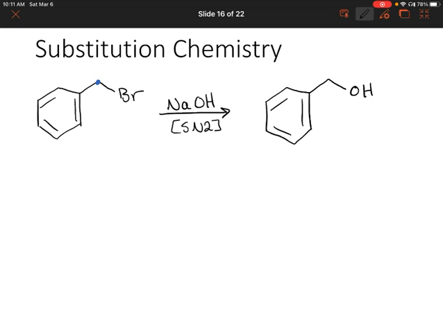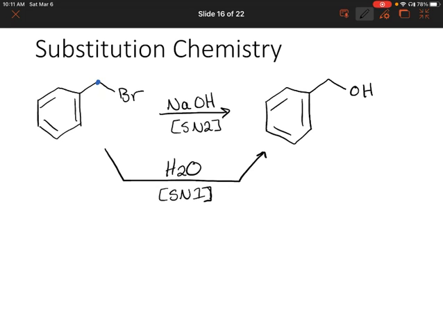Okay, what if we wanted to do an SN1 reaction? What could we use to add an alcohol at that same position? We could just use water.